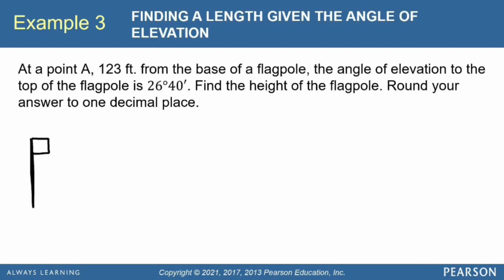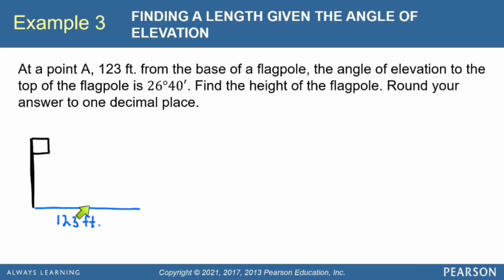So of course we need to draw ourselves a flagpole, and we know that there's a point on the ground 123 feet from the base of the flagpole. So I've drawn the ground here, and we'll label this as 123 feet. The next thing it says is the angle of elevation to the top of the flagpole is 26 degrees and 40 minutes. Now we know that the angle of elevation is measured up from the horizontal.